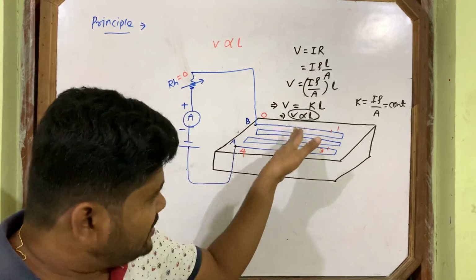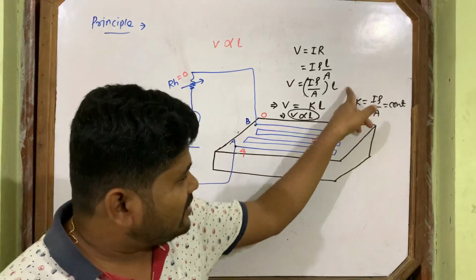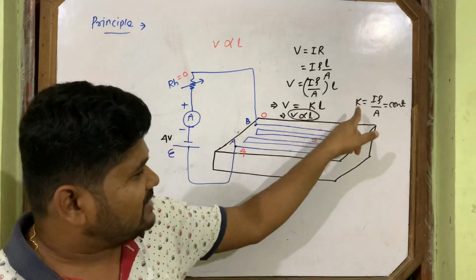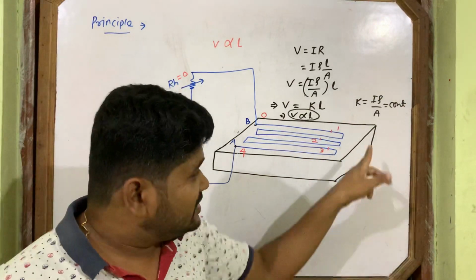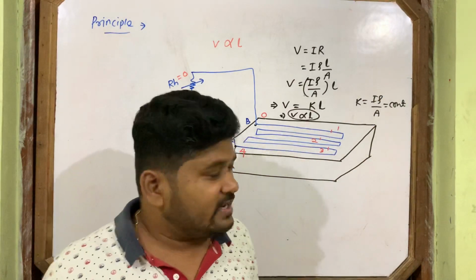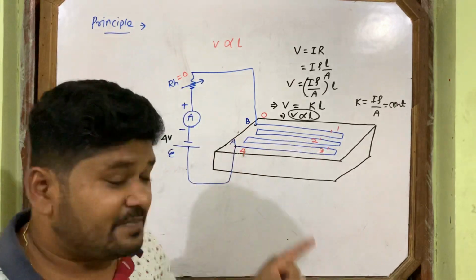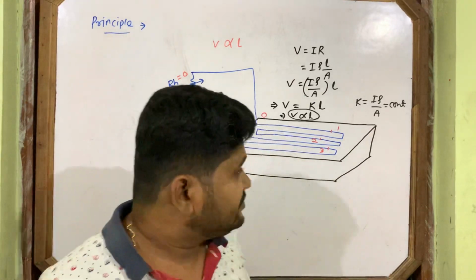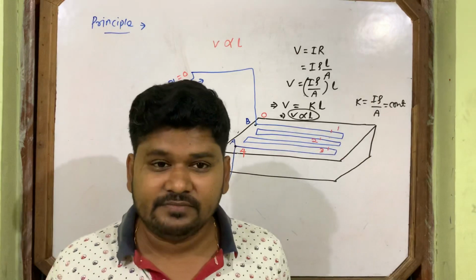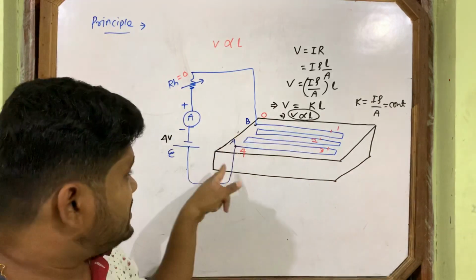While proving the principle of potentiometer, we get one more condition, that it has to be constant. Means the resistivity of the wire is constant, made up of one material. The area of cross section should be constant throughout the wire. Current in the wire should be constant.